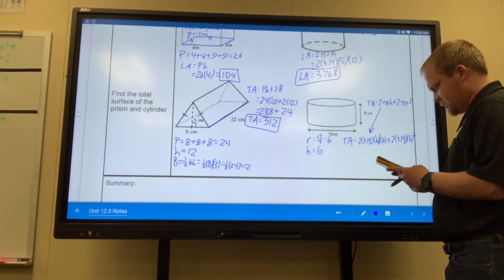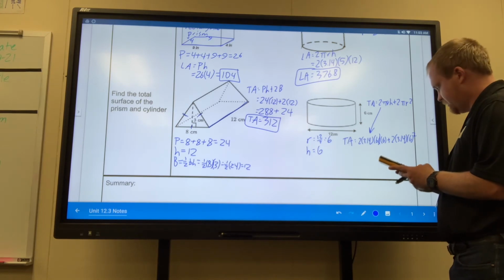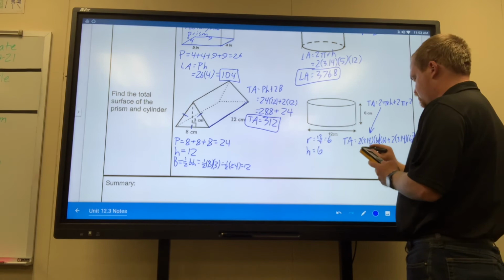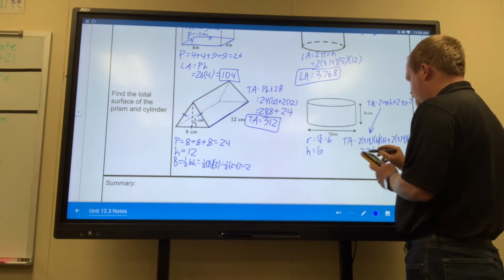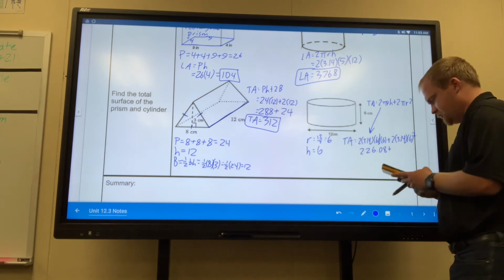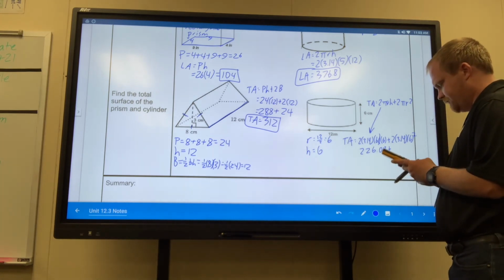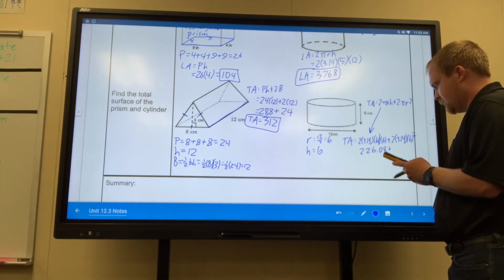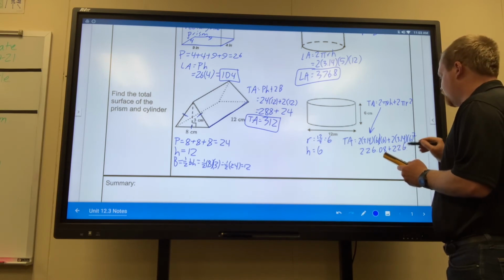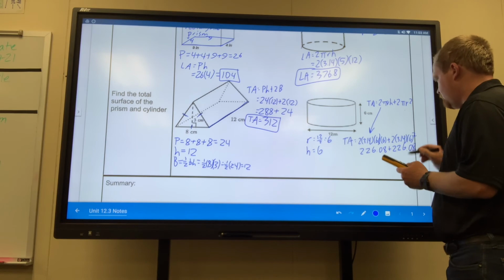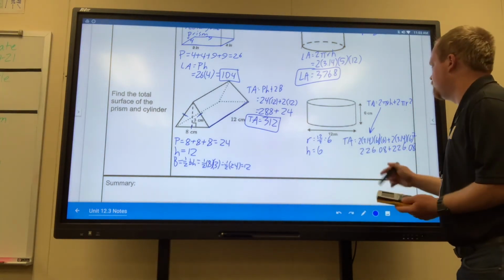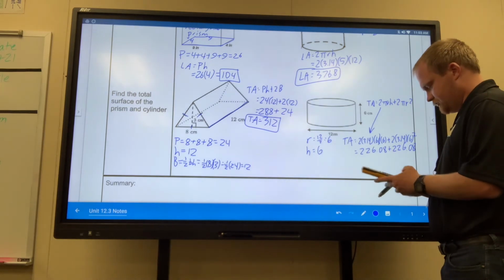So 2 times 3.14 times 6 times 6 is 226.08, plus 2 times 3.14 times 6 squared. Just coincidentally, that's also 226.08. Again, this is a coincidence. It doesn't always happen.